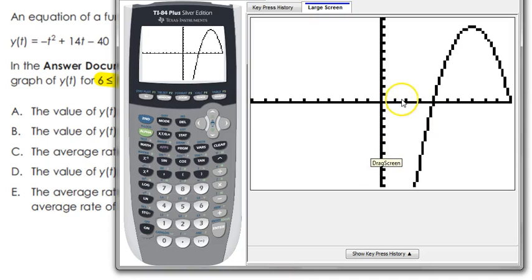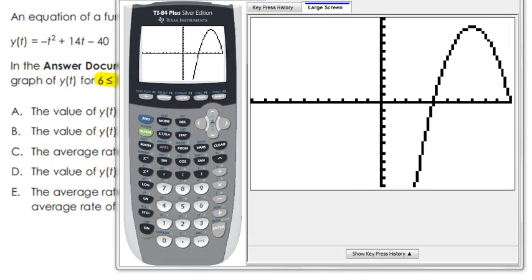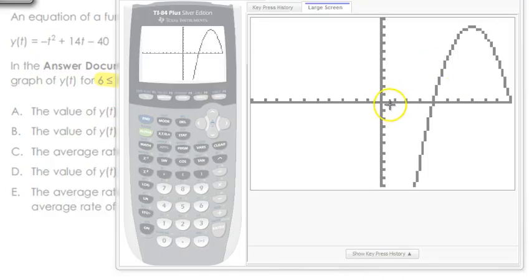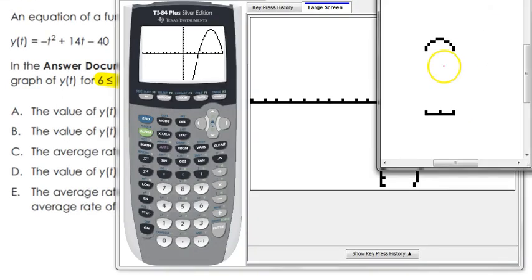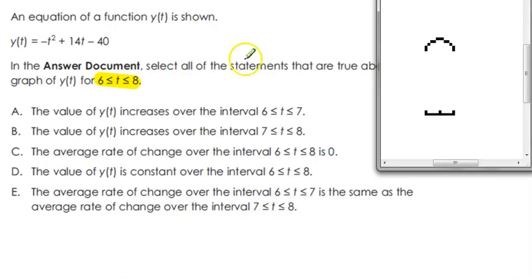So 1, 2, 3, 4, 5, 6, and then 7, 8. It is just a little bit. So let me see if I can isolate this for us a little bit easily. 1, 2, 3, 4, 5, 6, 7, 8. All right, we want the graph. There we go. That's all that it's asking us to consider at this time.